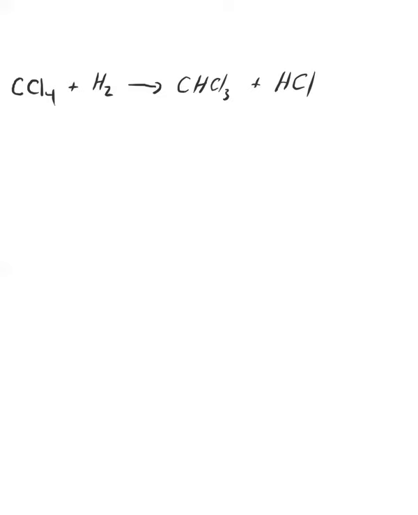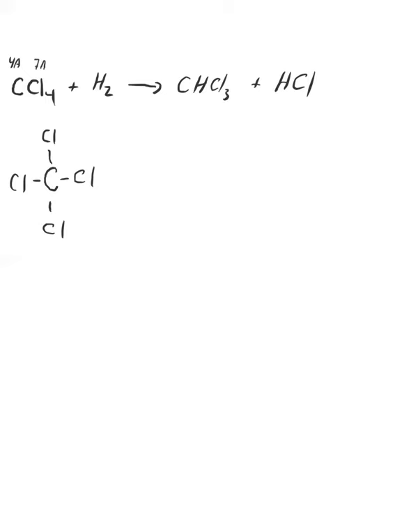CCl4, that's one we haven't done before. 1 carbon, 4 chlorines. So we're going to put the carbon in the center. We've got 4 chlorines, so those will be the surrounding atoms. I haven't finished the Lewis structure, sorry. So carbon is in group 4A, so it has 4. Chlorine is in group 7A, so it has 7.